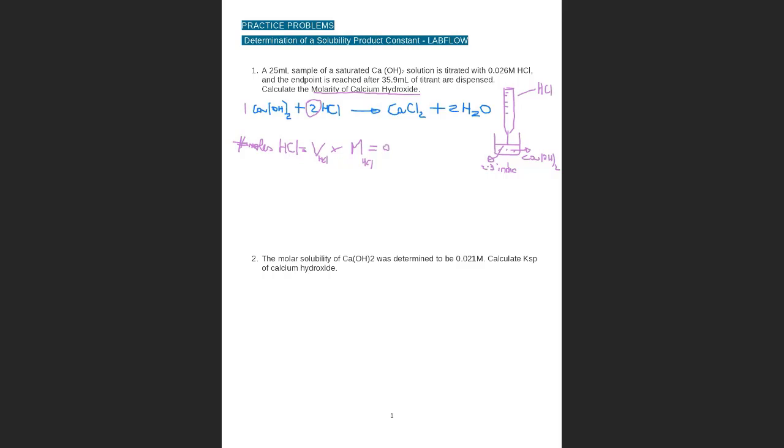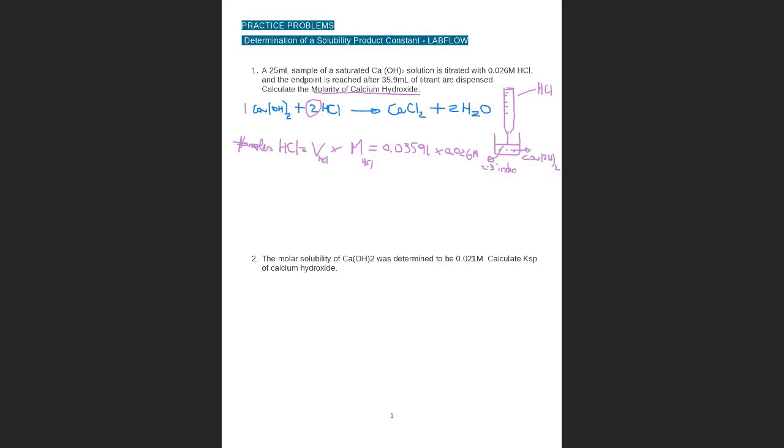Awesome. 0.0359, because it's 35.9 divided by 1,000. And this is liters. Times molarity. What is the molarity of hydrochloric acid? 0.026 molar. Molar is moles per liter.